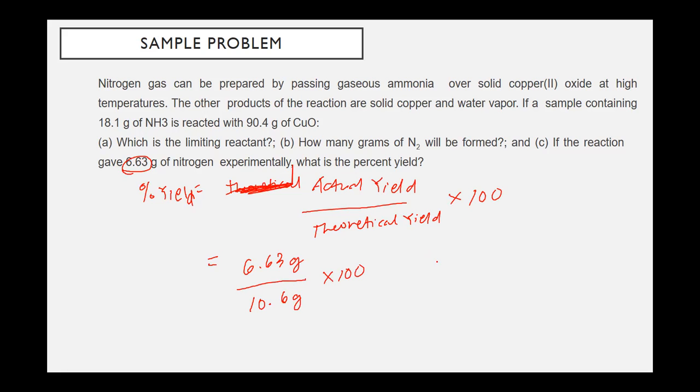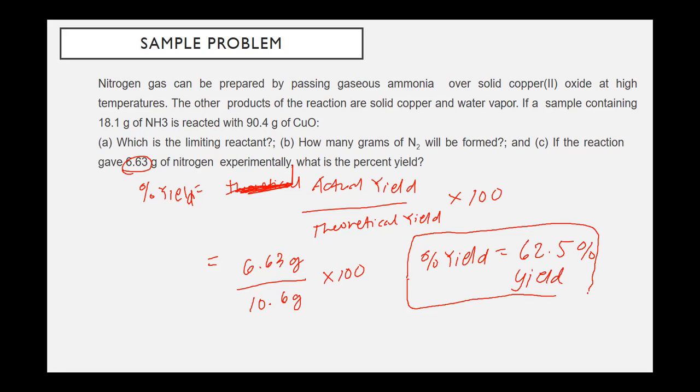So, our percent yield now is equal to 62.5% yield. So, ibig sabihin, 62.5% lang yung na-produce natin from the 100% yield na expected natin.